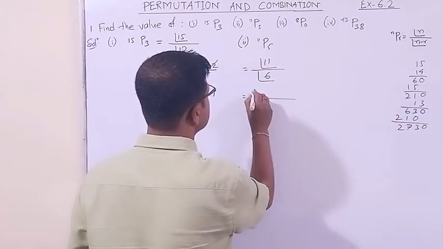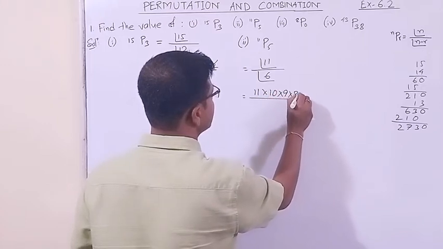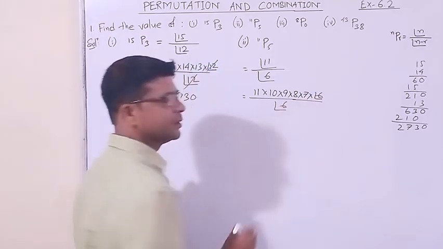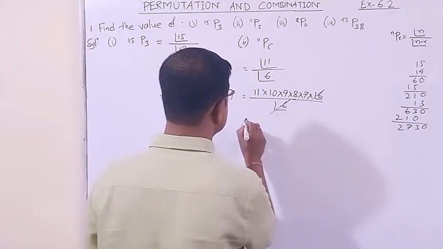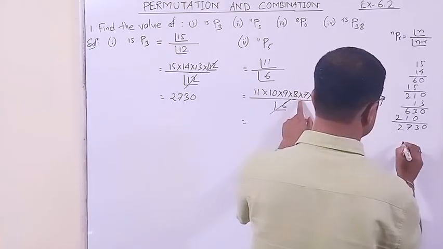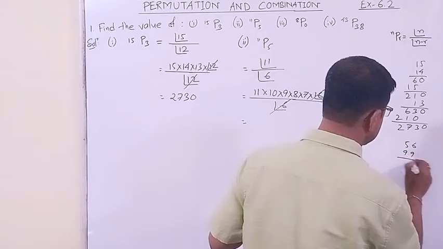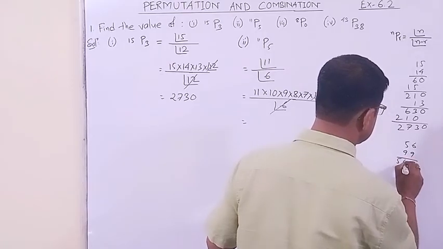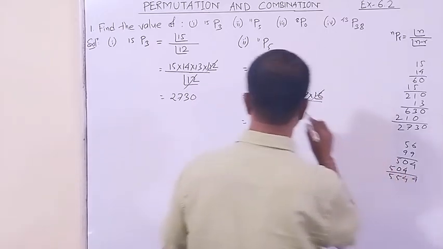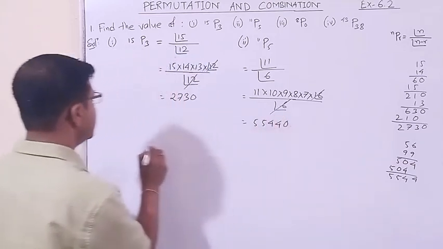So this is 11 into 10 into 9 into 8 into 7 into factorial 6 divided by factorial 6. Now let us cancel these two and multiply. 8 into 7 is 56, then into 9 is 99 multiplied, and then for the 10 we shall get 55440.